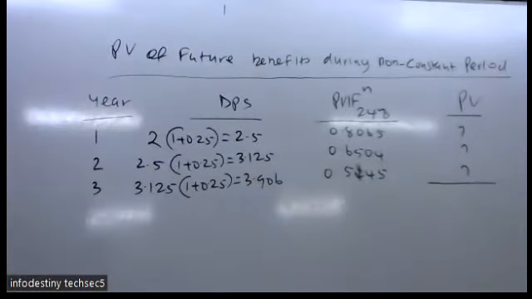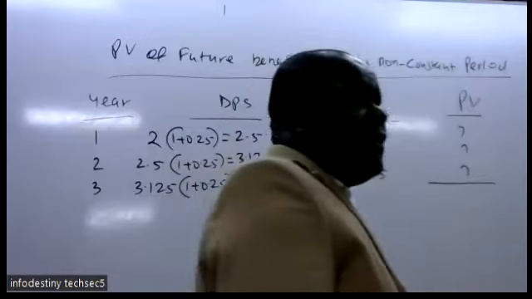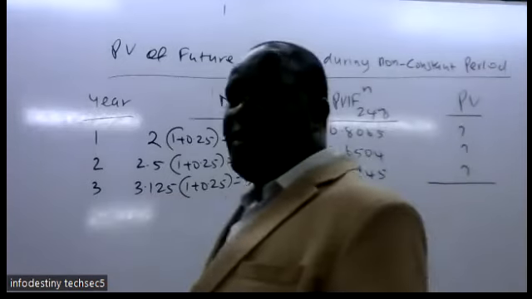So that is now during the non-constant period. It is coming to around which figure? 6.097. So that should be during the non-constant period.